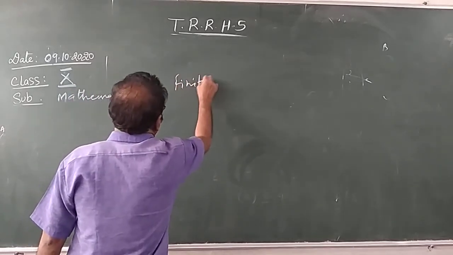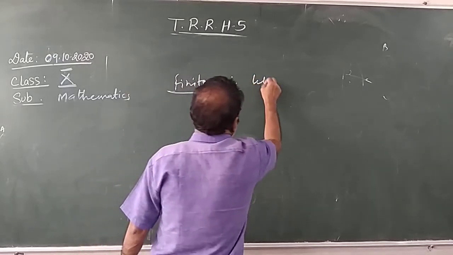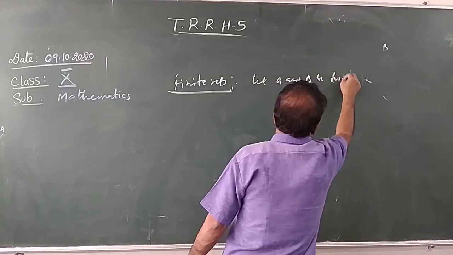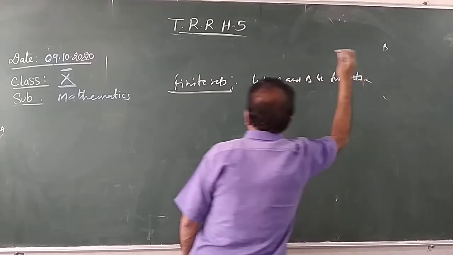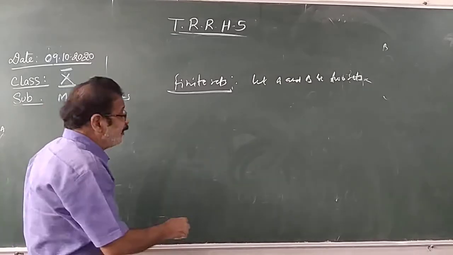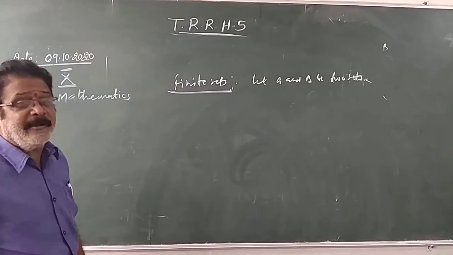Finite sets. Let A and B be two sets. When can we say they are finite? When they have a limited number of elements, the elements which can be counted.